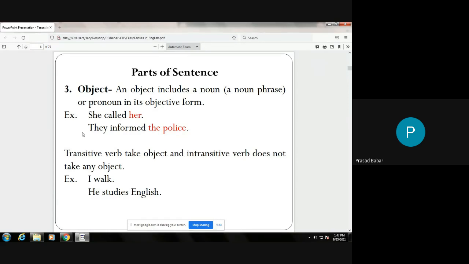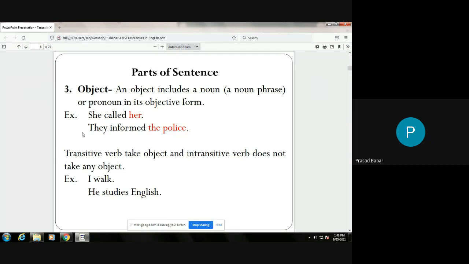Then let's see, transitive verb takes object, and intransitive verb does not take object. Generally, transitive verb takes object, or it is followed by object.